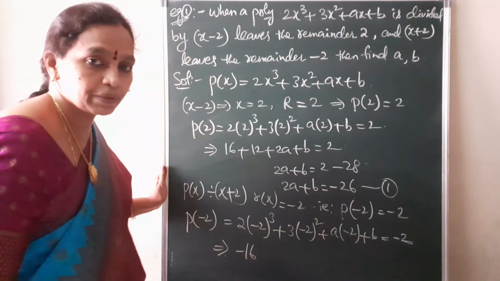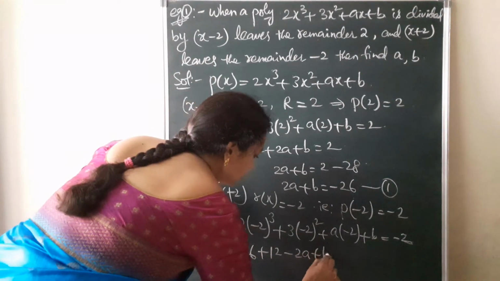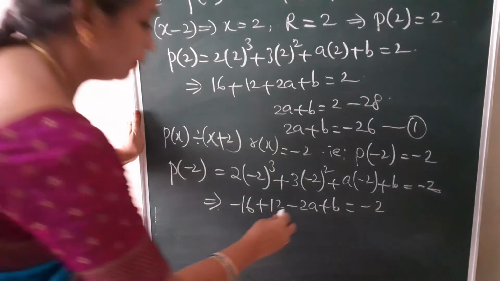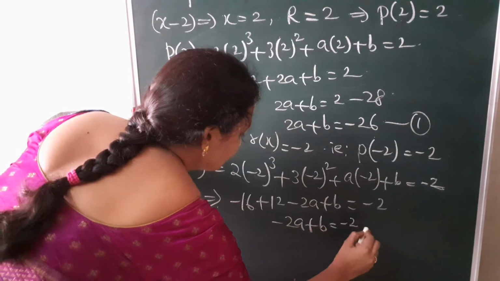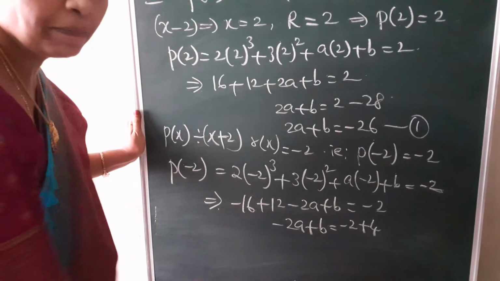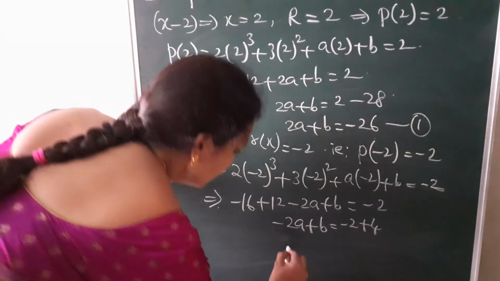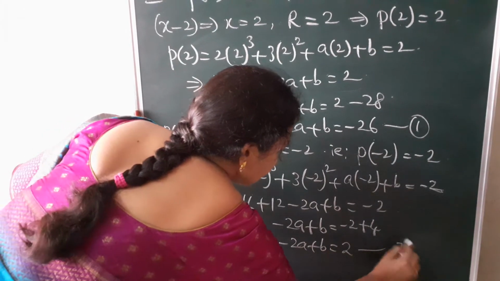Minus 2 whole square is plus 4, plus 12, minus 2a plus b is equal to minus 2. Then it becomes minus 2a plus b is equal to minus 2 plus 4, because on simplification this becomes minus 4 and transposing to that side it becomes plus 4. So minus 2a plus b is equal to plus 2 is the second equation.